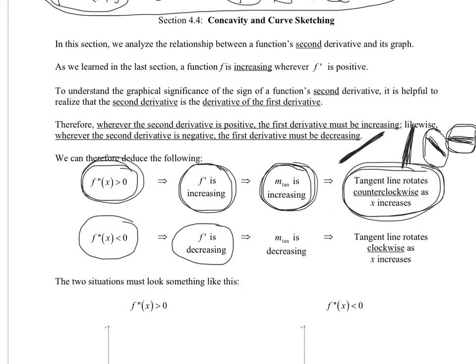And likewise, if f double prime of x is negative, that means that f prime is decreasing, which implies that as we move from left to right along the graph, the slope of the tangent line decreases, which implies that the tangent line rotates clockwise. If you increase a line's slope by rotating it counterclockwise, then you must decrease a line's slope by rotating that line clockwise.